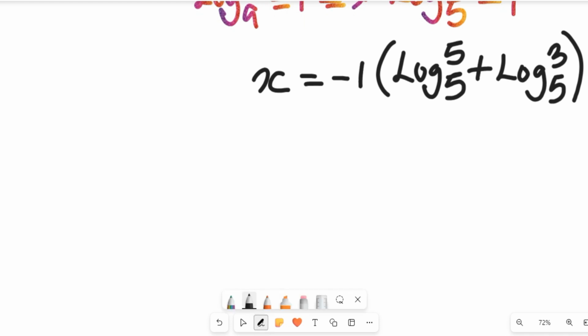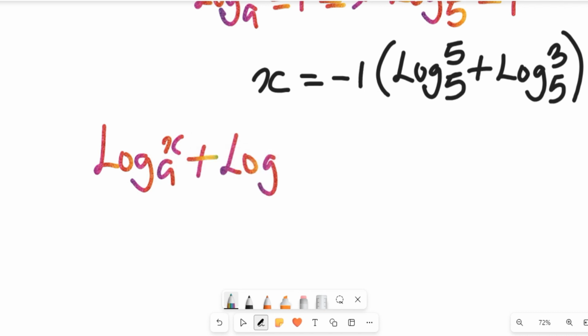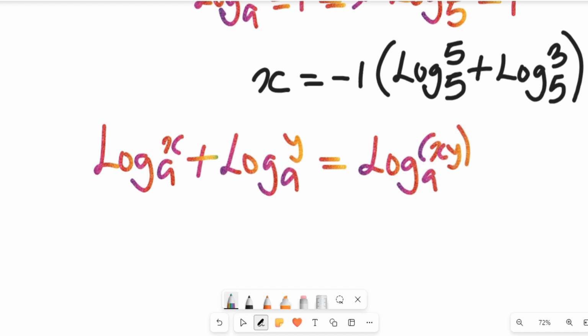Now, recall that according to the law of logarithm, if you have the log of x base a plus log of y base a, because they have the same base, this can simply give us the log of xy base a. That is the product law of logarithm.